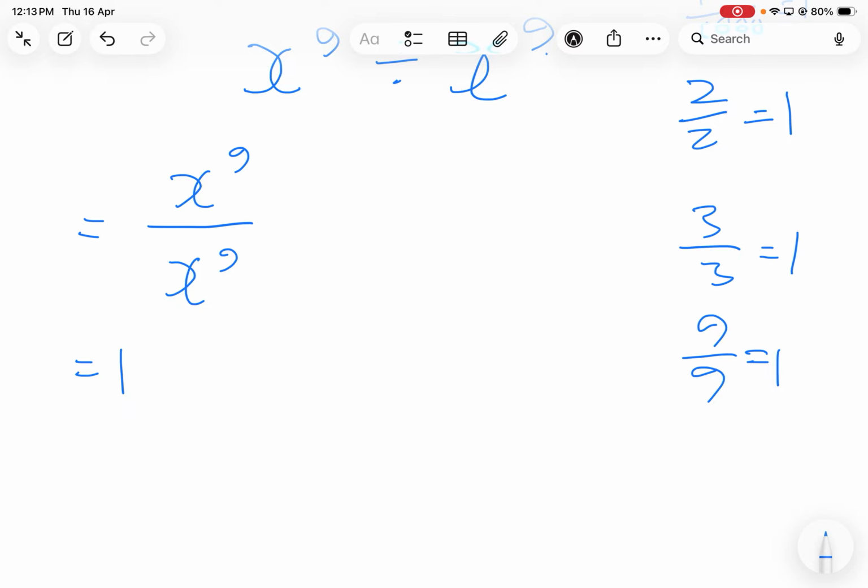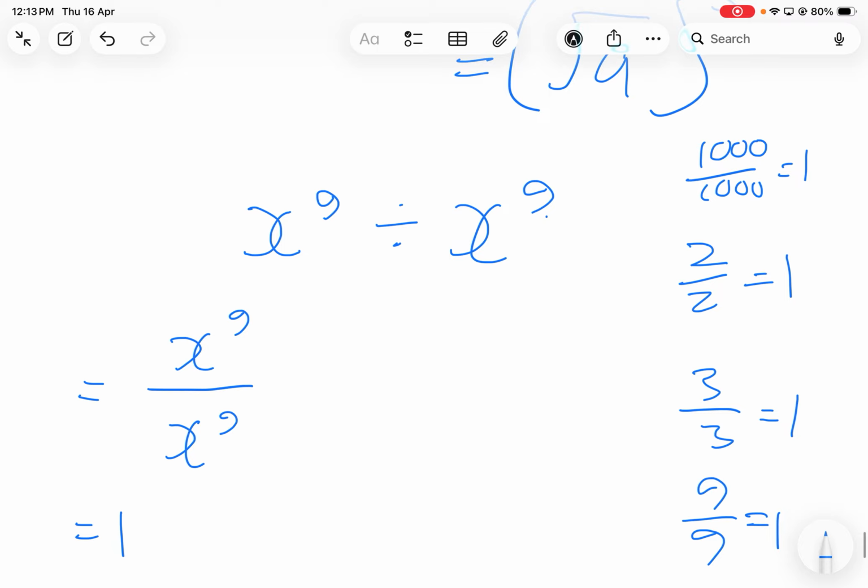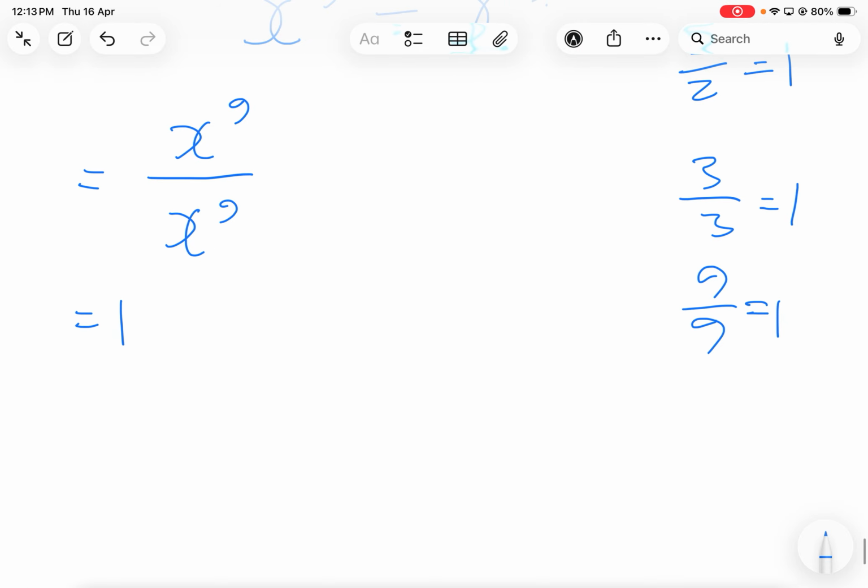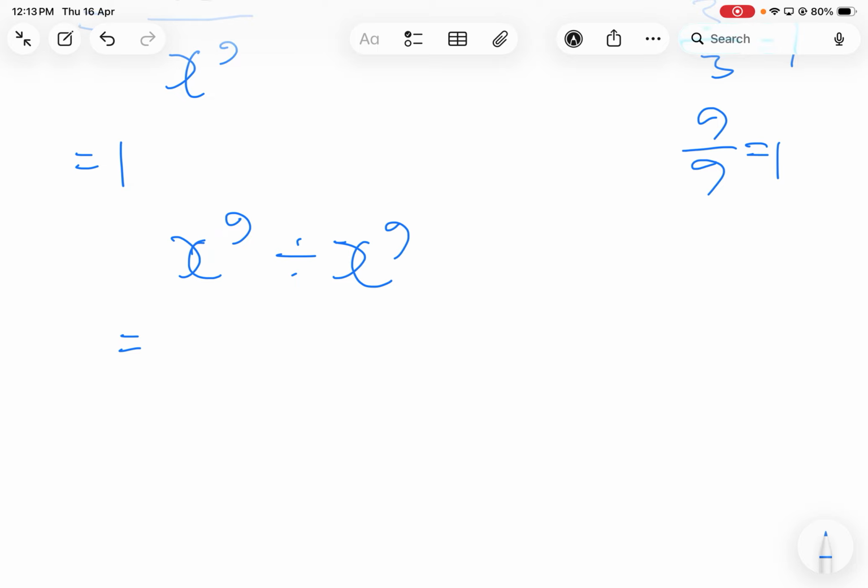Ashari, what about index have you all learned when I take division? When I have the same base, when I divide, what do I do with the base? What do I do with the index or the power? Ashari.